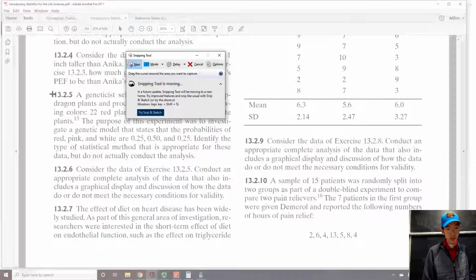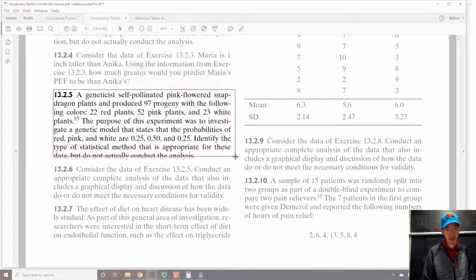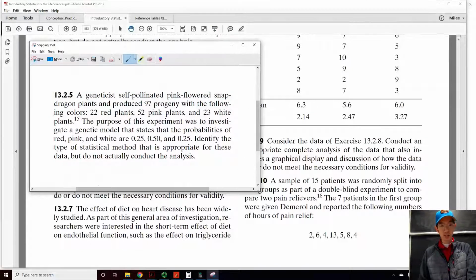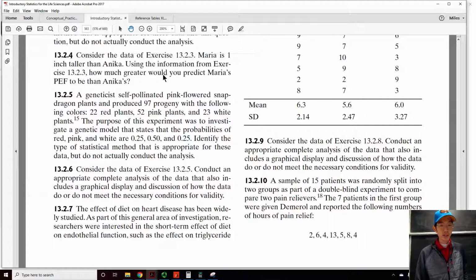Let's look at this one. Maria is 1 inch taller than Annika. How much greater would you predict Maria's PEF to be than Annika's? How would you even answer that?